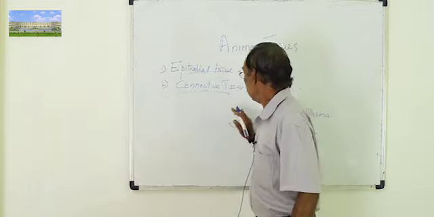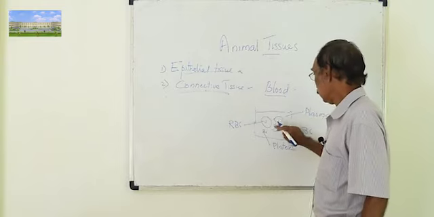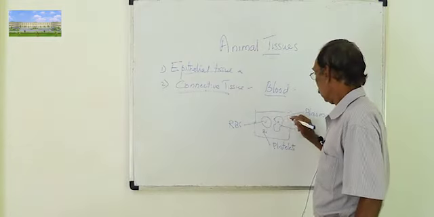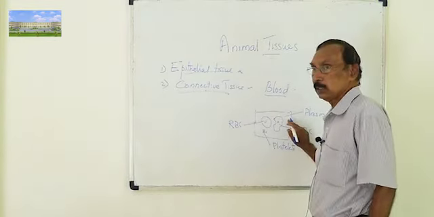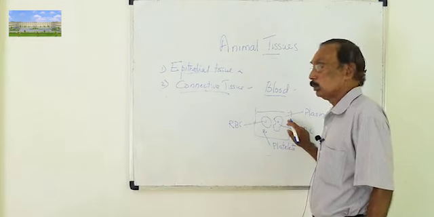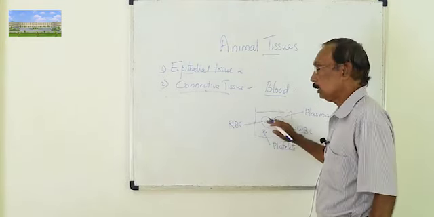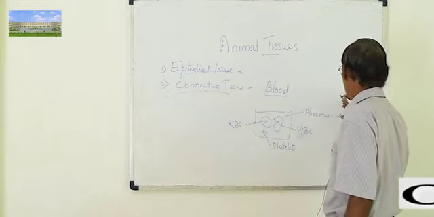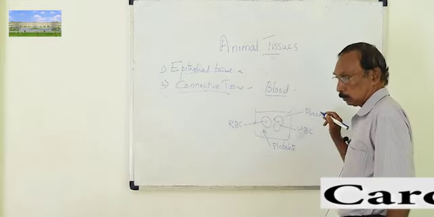So inside the plasma these cells are kept, and this kind of medium you are going to see in bone also. This kind of medium is commonly known as matrix.